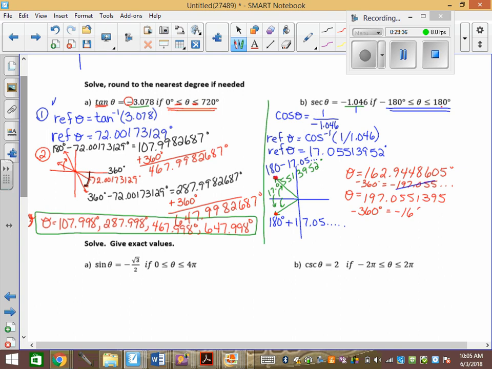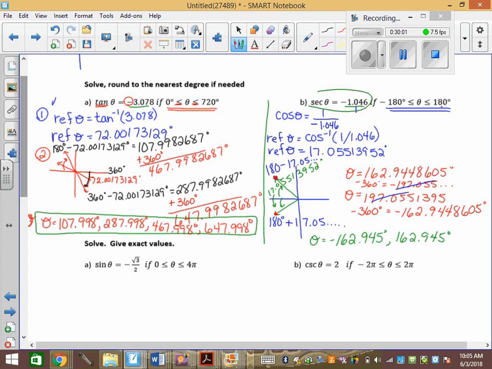Do these always match like this one happens to be matching? No, not whatsoever. So my answers are, I only have 2: theta equals negative 162.945 degrees and 162.945 degrees.